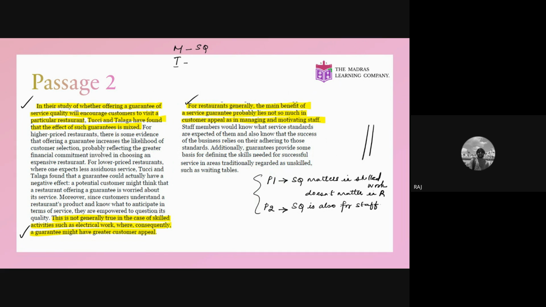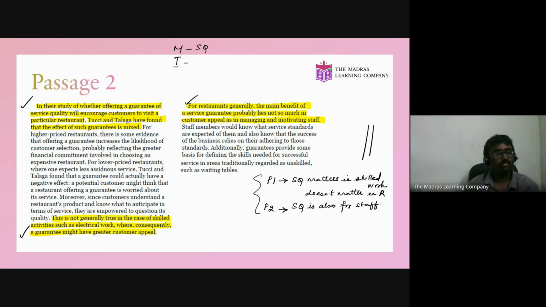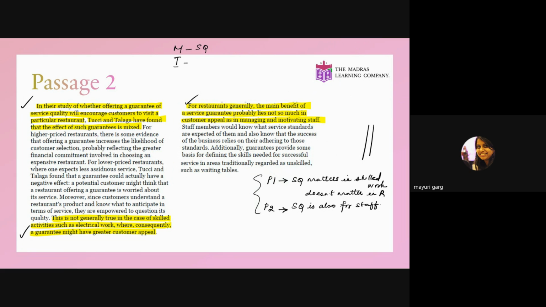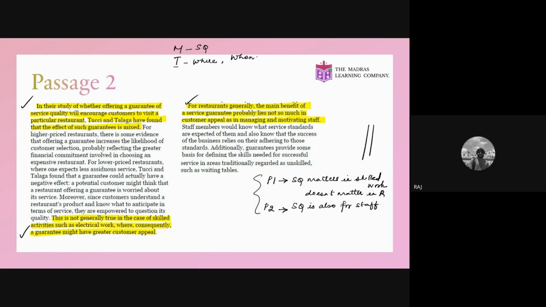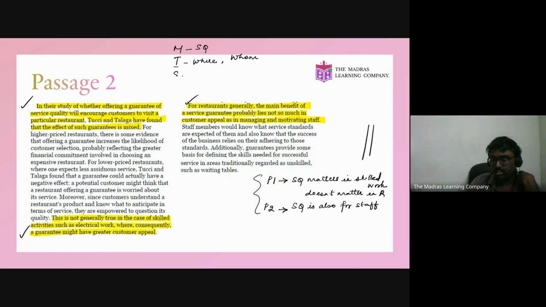He's talking about customer appeal. I think it's about where the service quality matters. So both the things, right? It is where the service quality matters and for whom it matters. Correct.